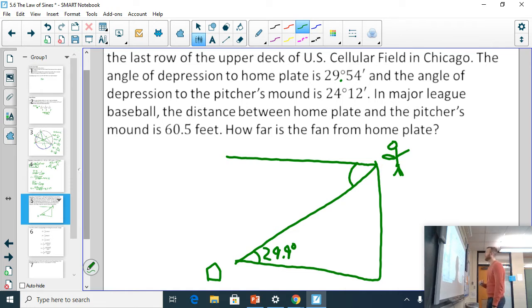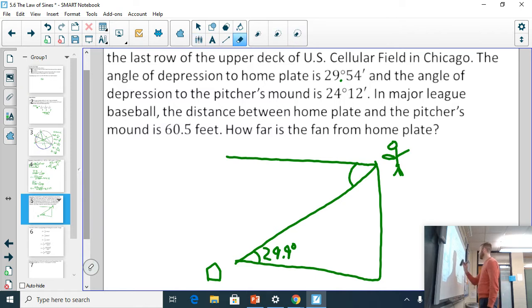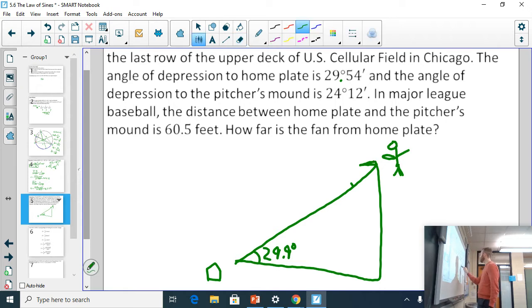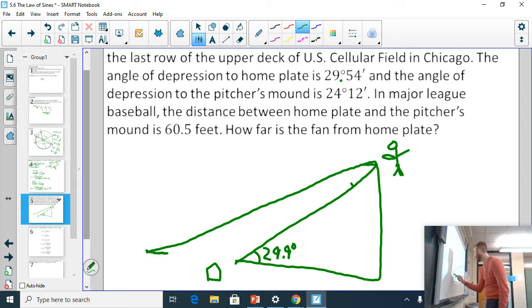And the angle of depression to the pitcher's mound is when the pitcher's mound is going to be even further out, right? So now I'm going to get rid of this. The pitcher's mound is going to be even further out, right? Because he's behind home plate. And so now maybe that's the pitcher's mound.